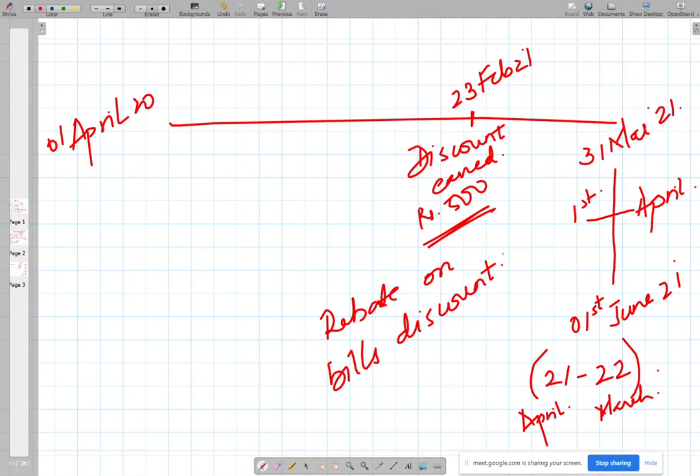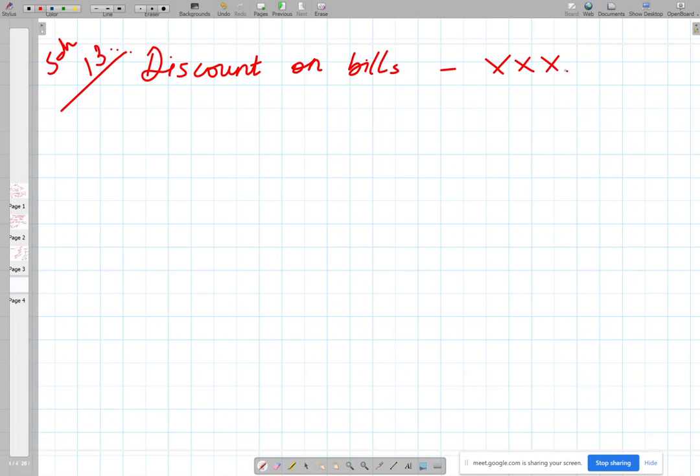So what we do here in banking accounts, the way we handle this adjustment, is this. We have discount on bills, which we normally show under schedule 13, that is interest earned. In schedule 13 we have discount on bills and there will be some amount given in the problem.